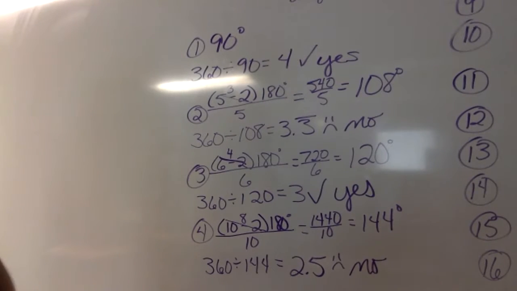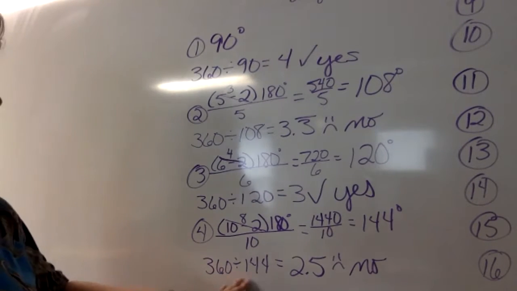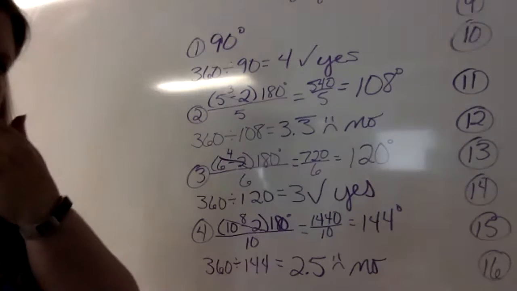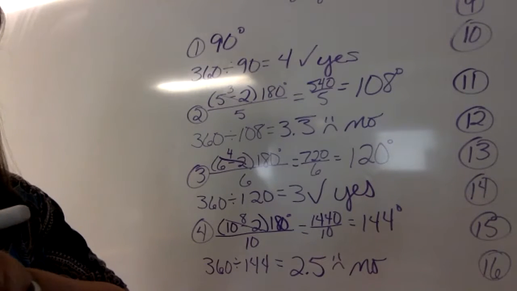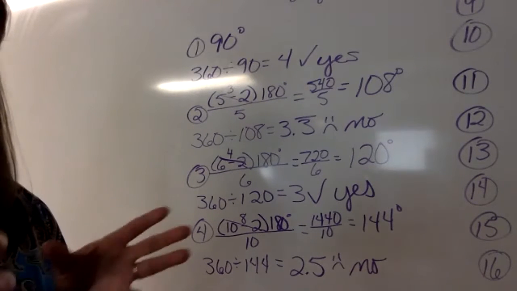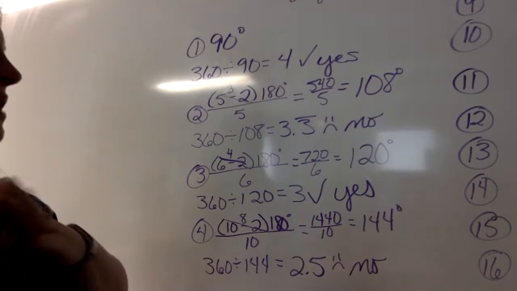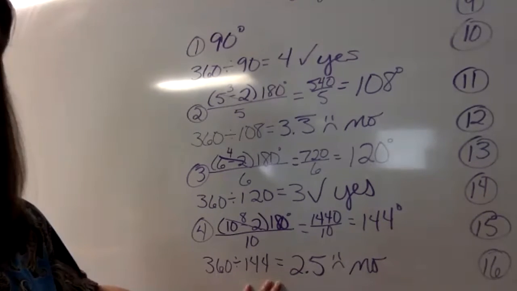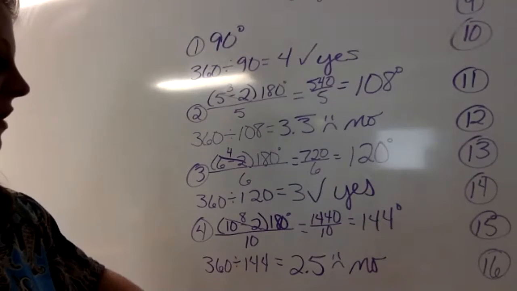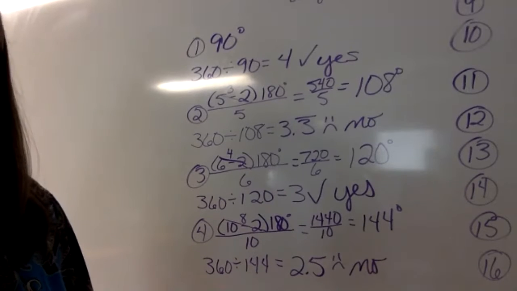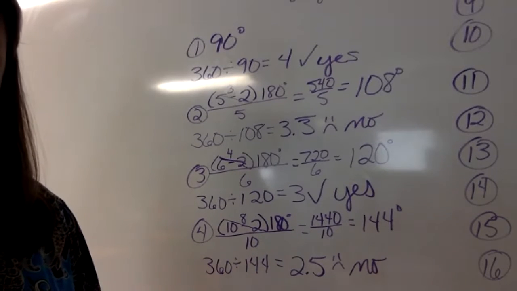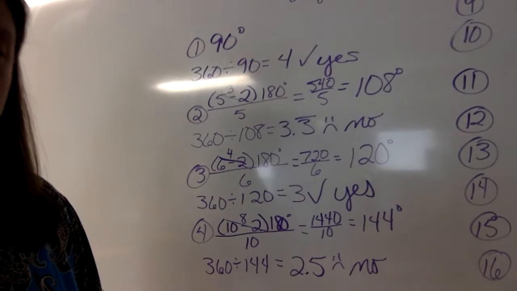Okay. It has to divide evenly into 360 for you to be able to use that regular polygon to make a tessellation where that's the only shape you use. So if I'm just trying to use decagons, I can't do it. Now, could I have one that had decagons in another shape together? Yes.